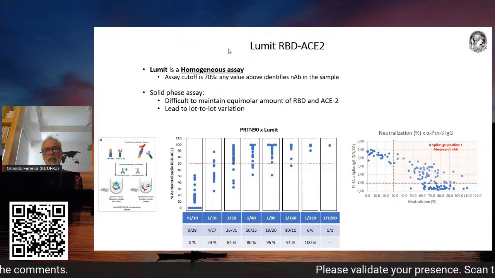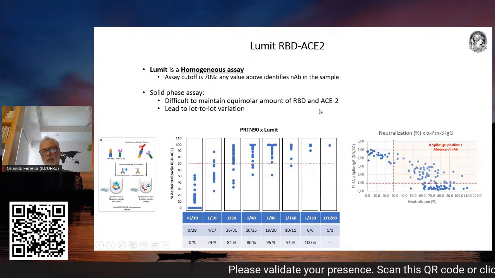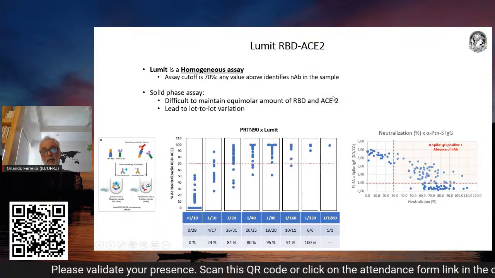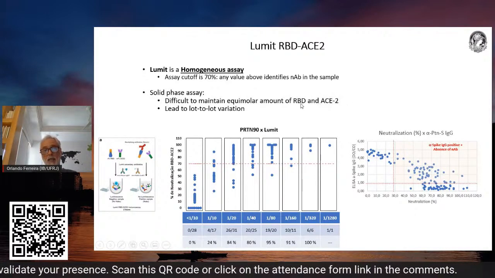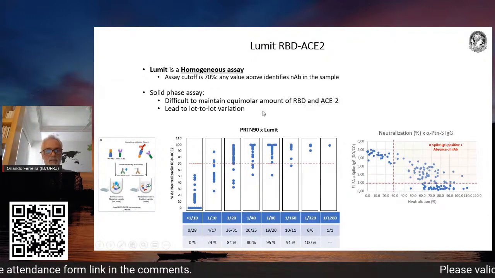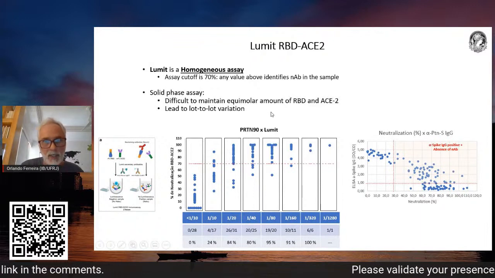So if you put the ACE2, which is commonly used in the solid phase assay, as a solid phase reagent, then it's difficult to control the amount of the ACE2 that is bound to the solid phase.